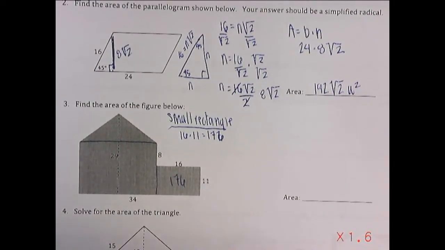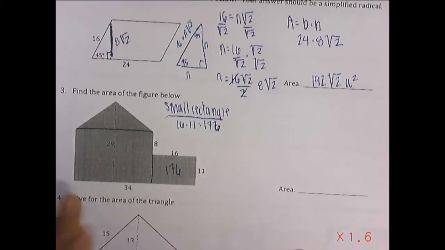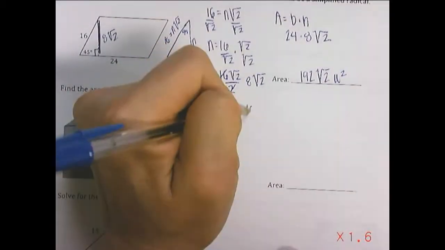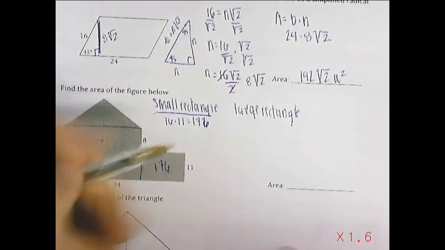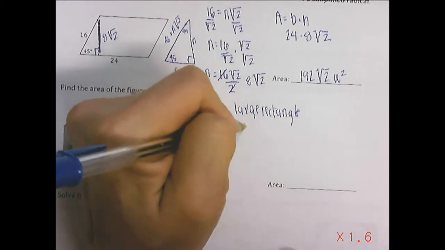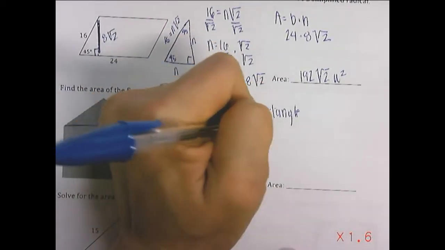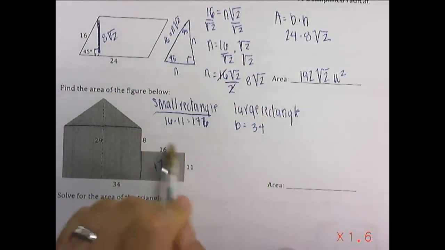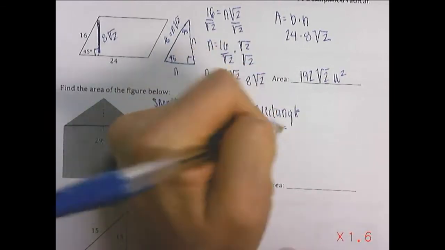And then I looked at my large rectangle, and I saw that the whole base was 34. So I was going to take 34 and subtract this 16, and I would get 18.